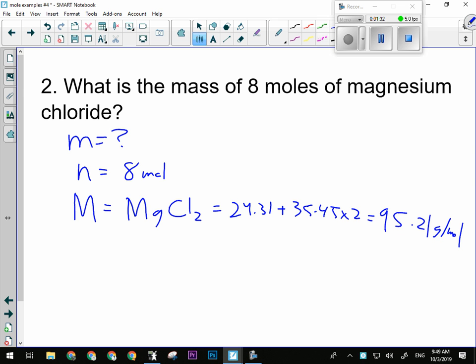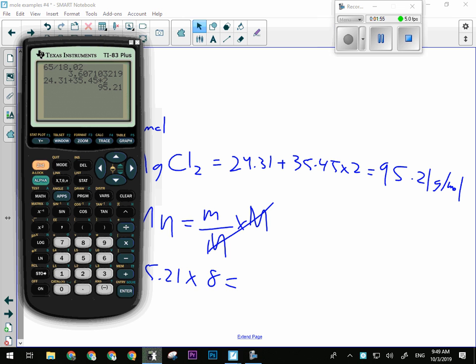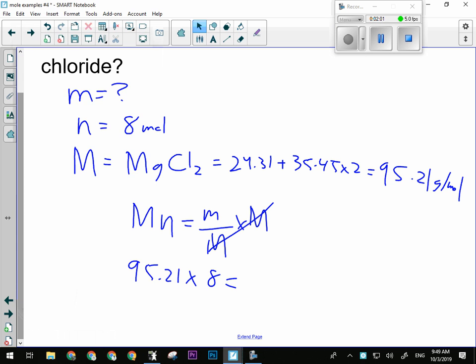Grams per mole. We're going to look for mass, so n equals little m over big M. To get little m by itself, we multiply both sides by big M. Then we plug in our numbers: 95.21 times 8 gives 761.68.